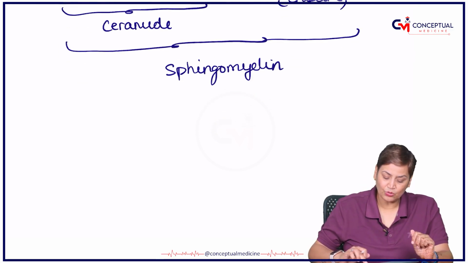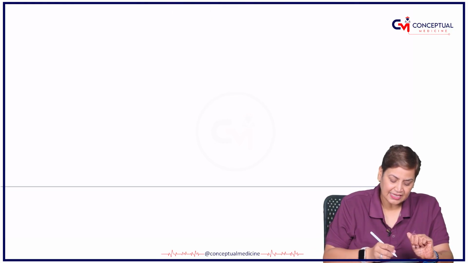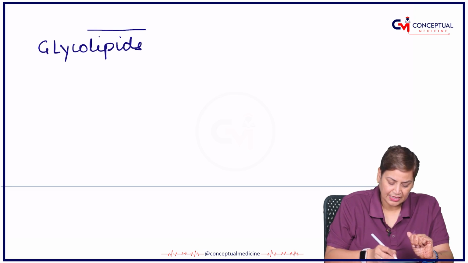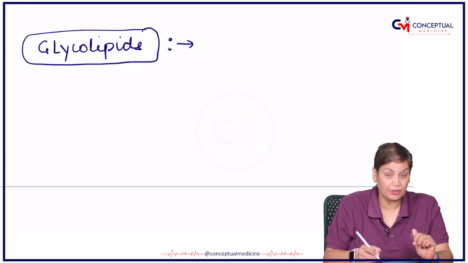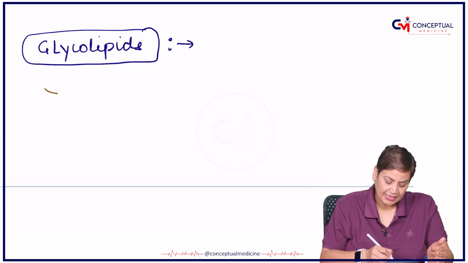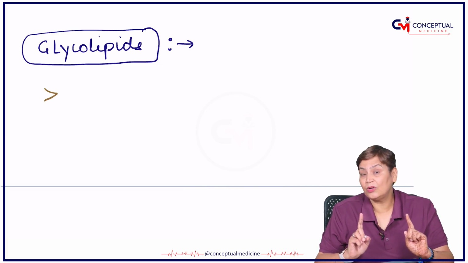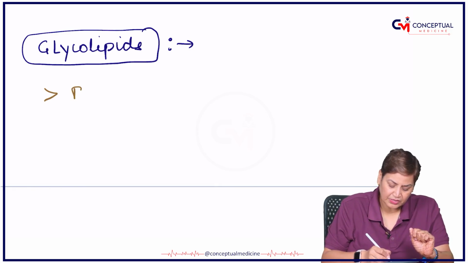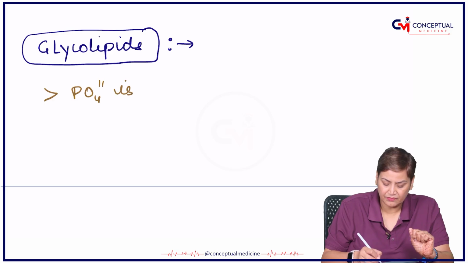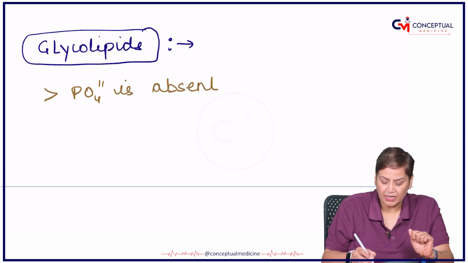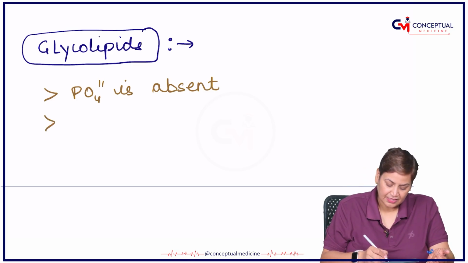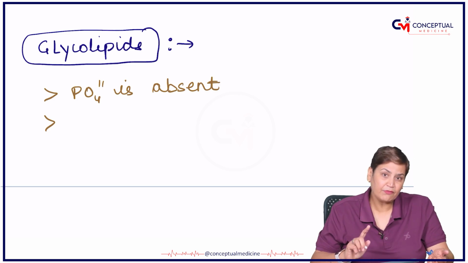Then parallel to this, the second class is glycolipids. Okay, now see, glycolipids also perform the same function, but here lipid is there but no phosphate is there. So the first most important feature is phosphate is absent. Very, very important. Now if phosphate is absent, what is present?